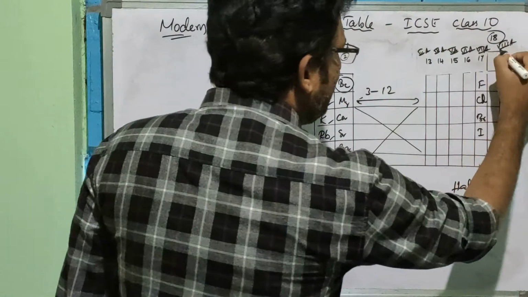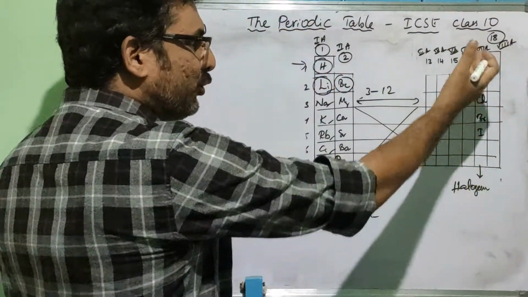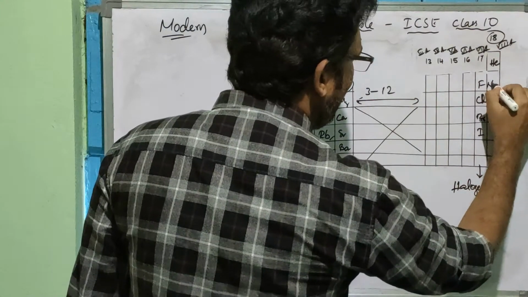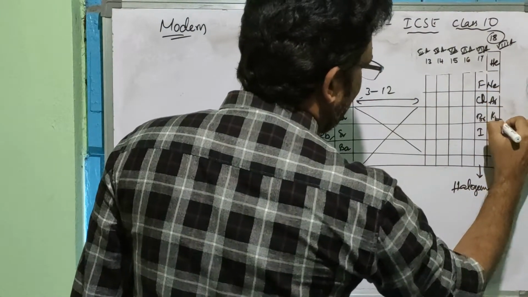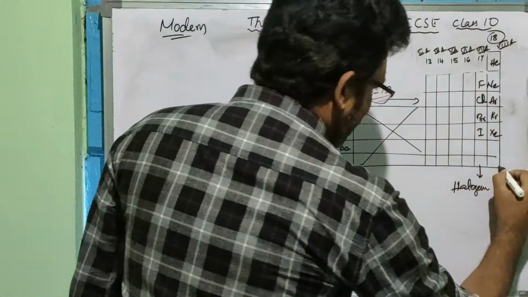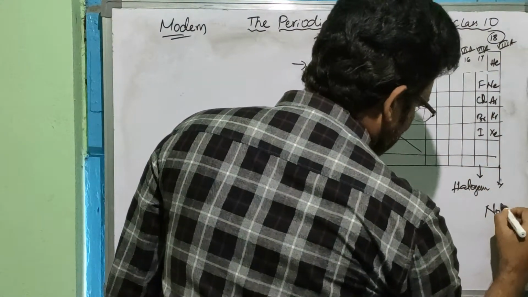And this group, group 18, we already know, they are nothing but noble gases: helium, neon, argon, krypton, xenon. Okay, so these are called noble gases.